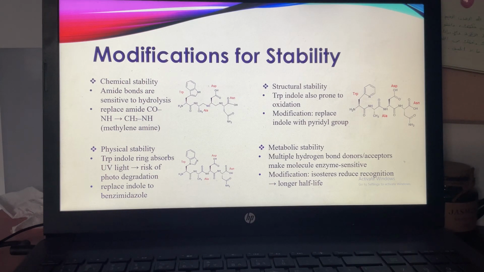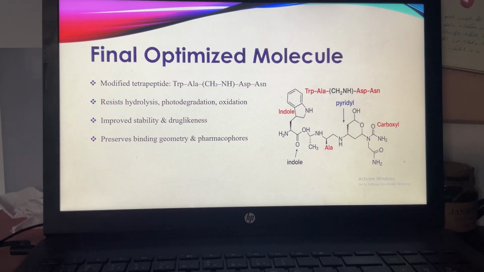Okay, so it will be more stable to UV light, like it's shown here. And we can also replace the TRP indole with pyridyl, which is resistant to oxidation. These changes also make the molecule harder for enzymes to break down, so it lasts longer in the body.